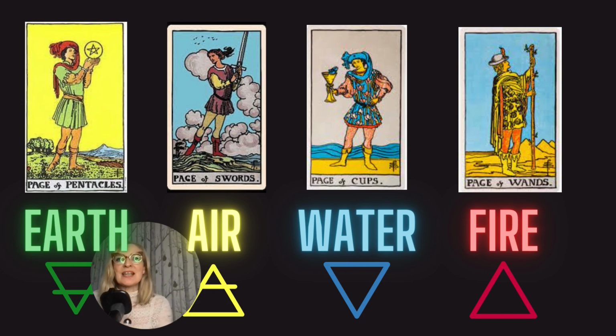The first thing that we need to understand about the tarot as a system are the elemental attributions. We've got earth associated with the suit of pentacles, air associated with the suit of swords, water associated with the suit of cups, and fire with the suit of wands. During this course, we're going to get much more in depth about the elements.